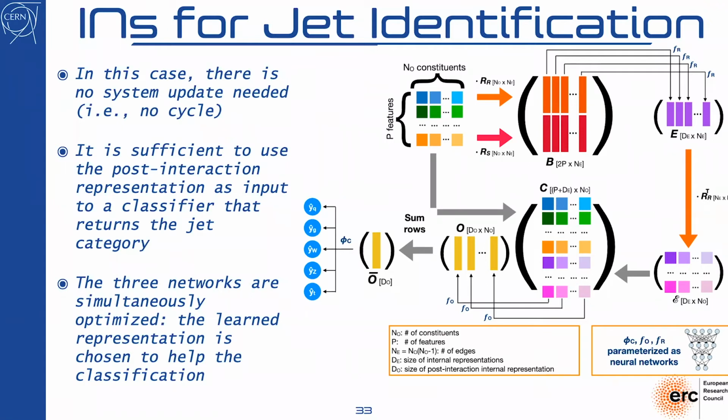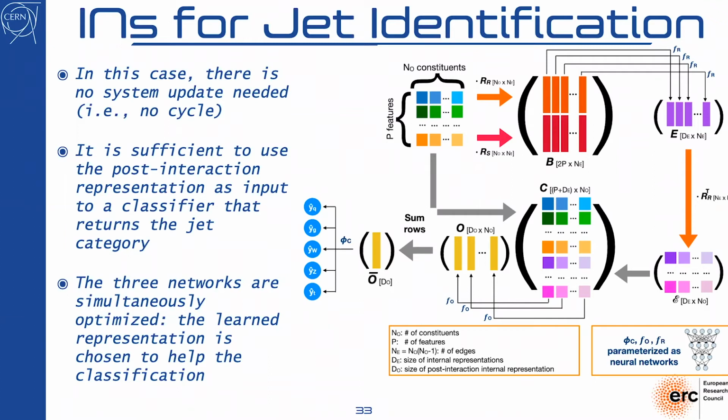The O are the number of features that I engineered in the post-interaction representation. And then what I do is that I sum across the graph and I build a one-dimensional vector, which is information about the full graph and doesn't have any memory about specific items in the graph, specific vertices in the graph. At this stage, I have built something which I can inject into another neural network, which is the task solver that will give me the flavor of the jet.